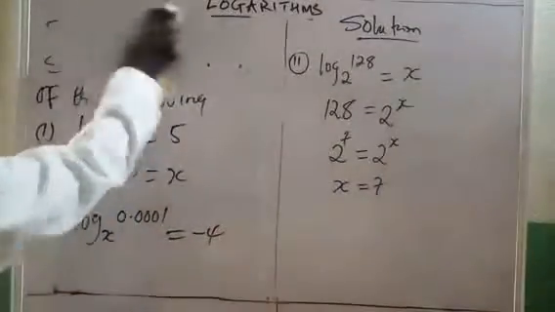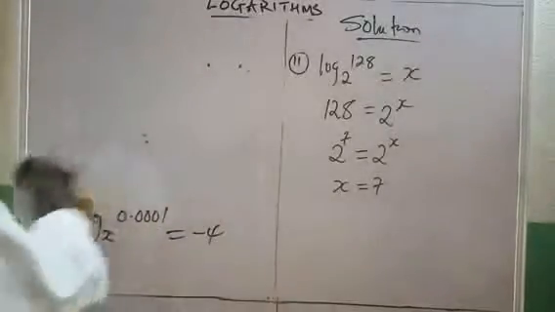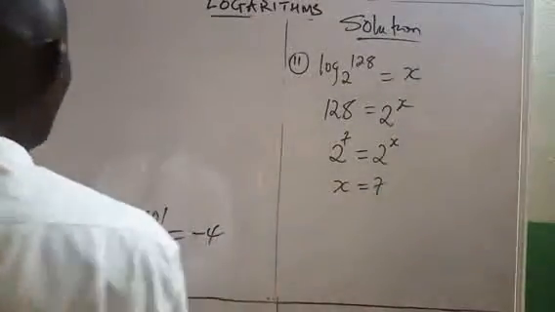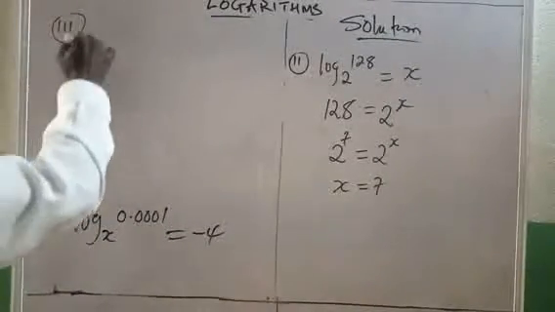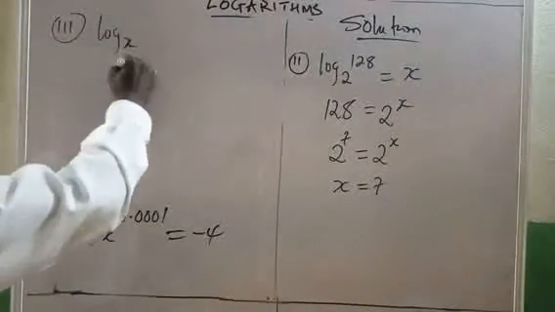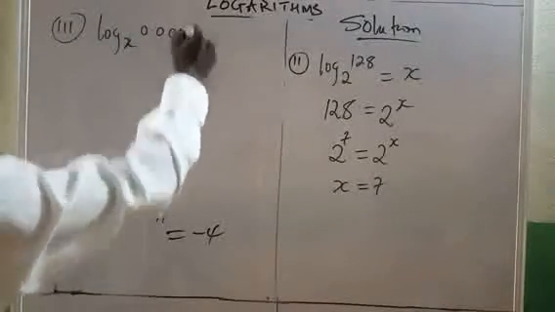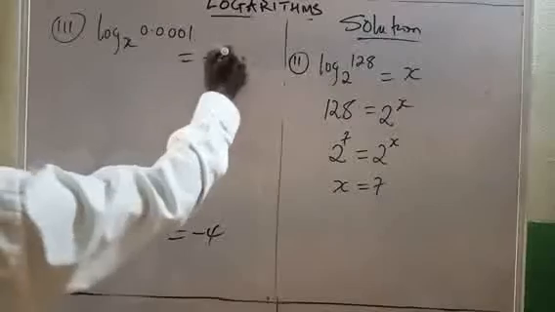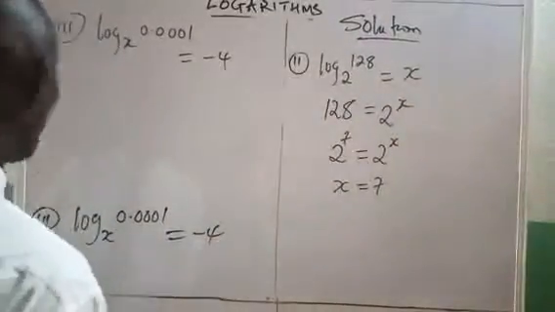Then the third question is, say, log x of 0.0001 is equal to minus 4.